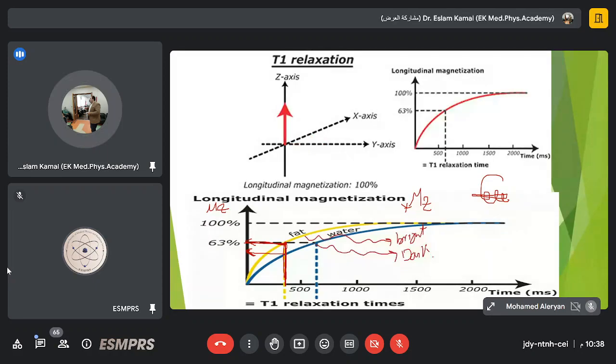So if you are going to record the signal at a certain point where the MZ for fat is higher than the MZ for water, you will get a higher electric signal from fat than water. So the signal coming out from the fat will be brighter than the signal coming out from water. And this is our T1 weighted image, or T1 weighted sequence.